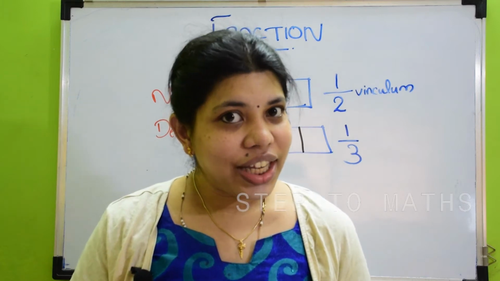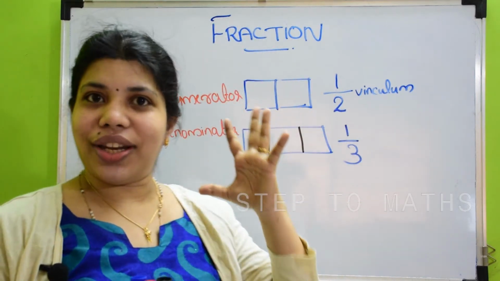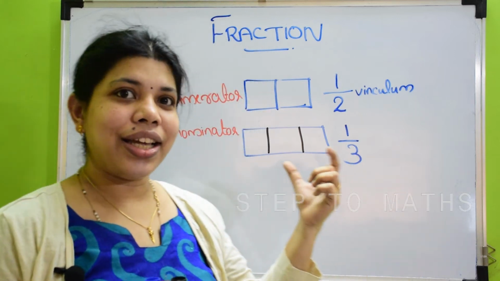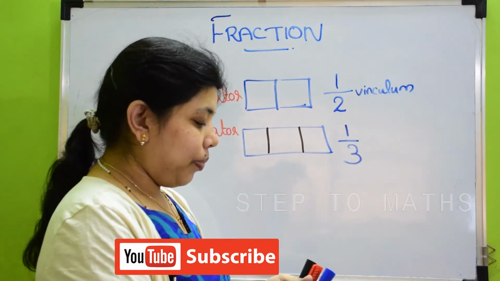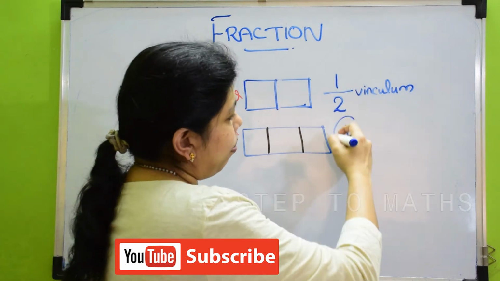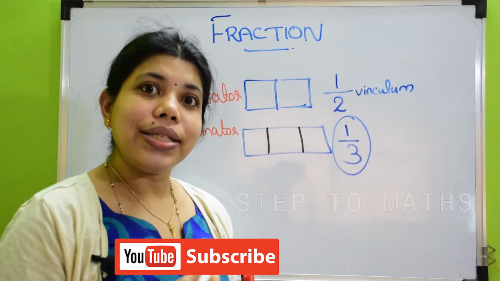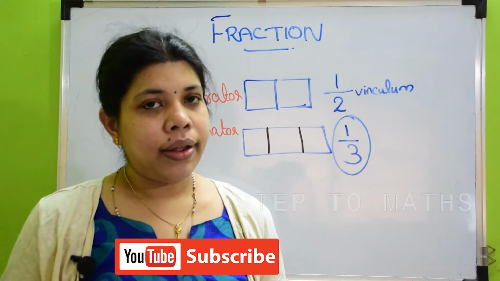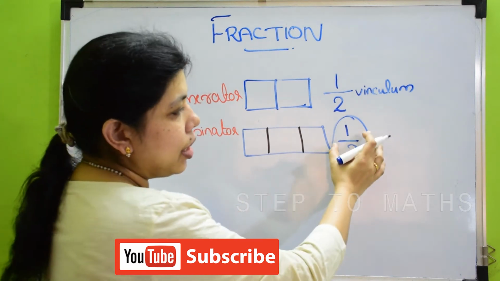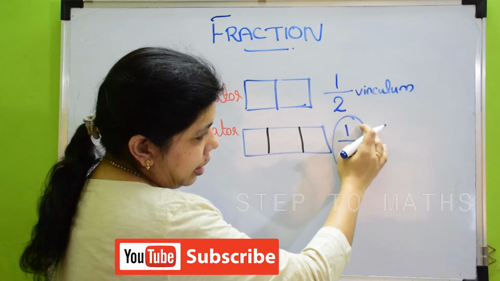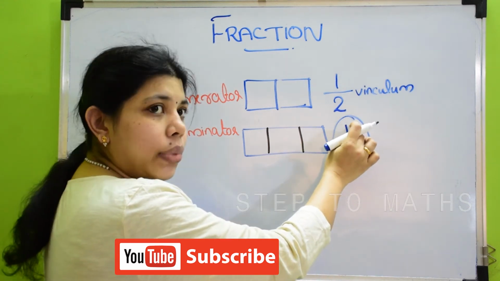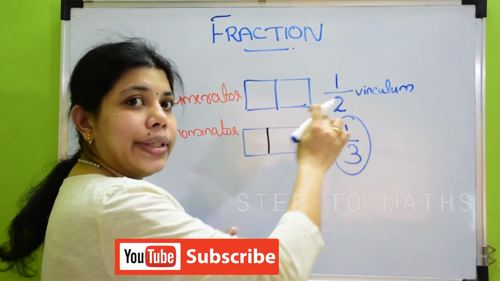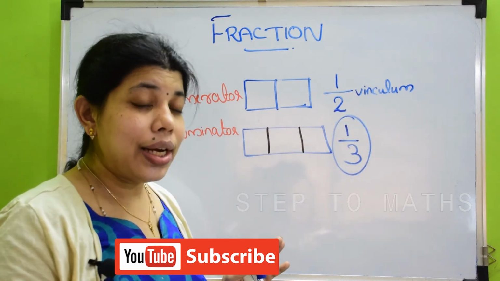Till now what did we discuss? What is a fraction? A part of a whole is known as a fraction, and a fraction is represented like this: two numbers, one number above the line, known as the numerator.